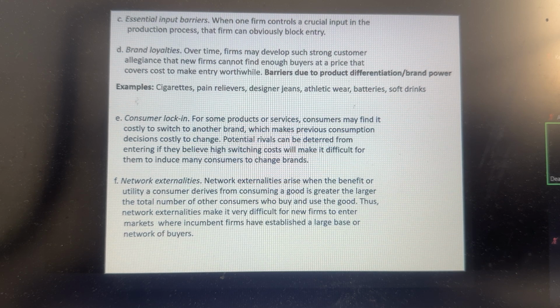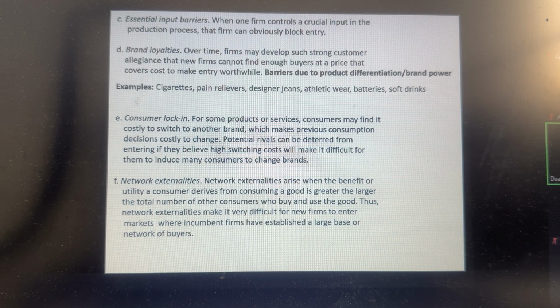And brand loyalty, right? So it's a brand name. Over time, a firm may develop such strong customer allegiance that new firms cannot find enough buyers at a price that covers the cost to make entry worthwhile. Worldwide, right?